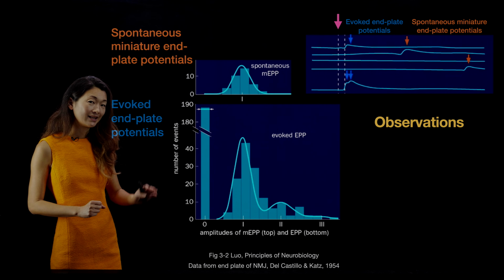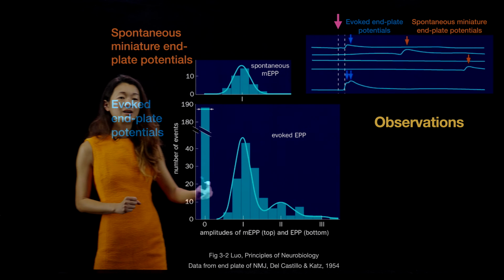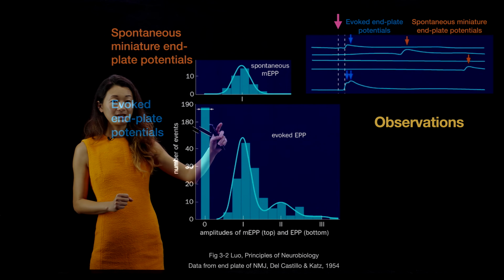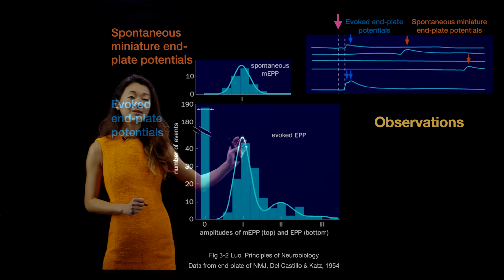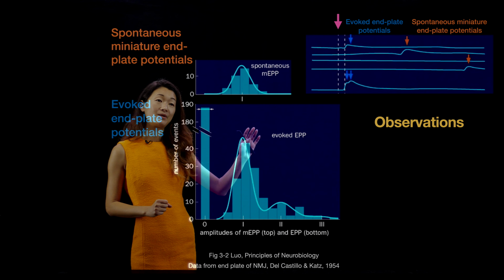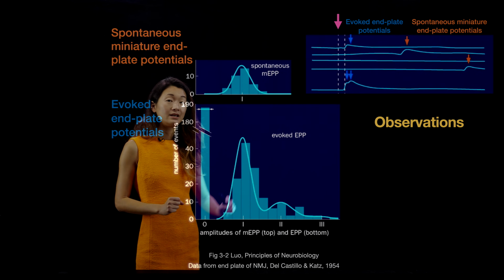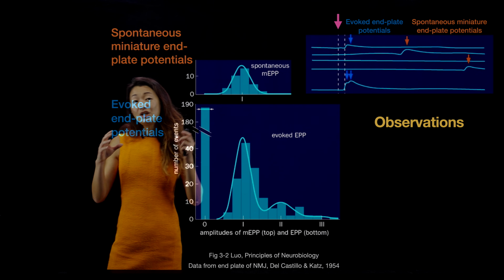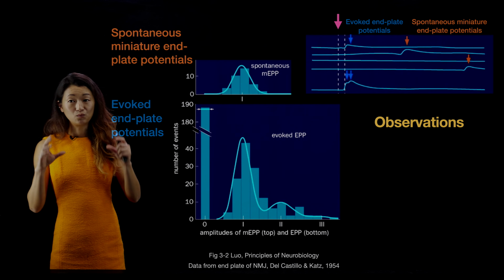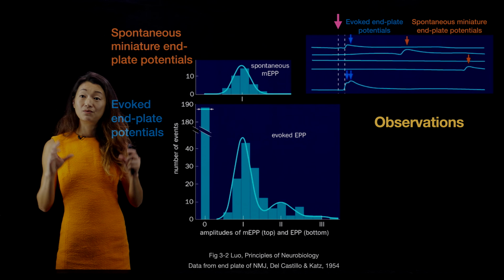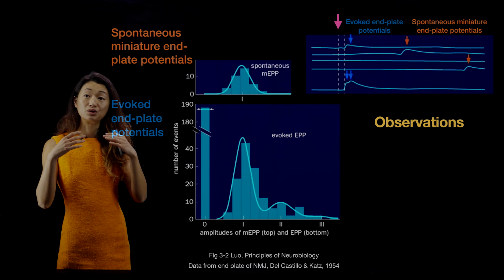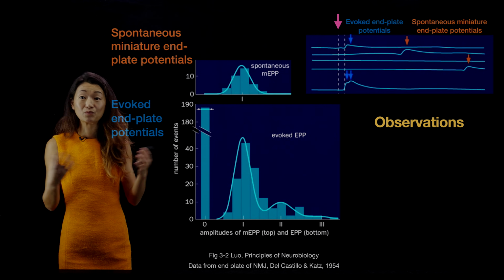In fact, they have this multimodal shape where a lot of them are exactly the same size as the miniature ones. Some of them are twice as big, others three times as big. In other words, each vesicle is one unit of communication, and you either fuse a vesicle or you don't. You can't fuse 1.5 vesicles.